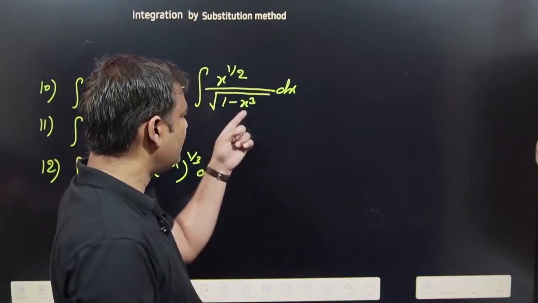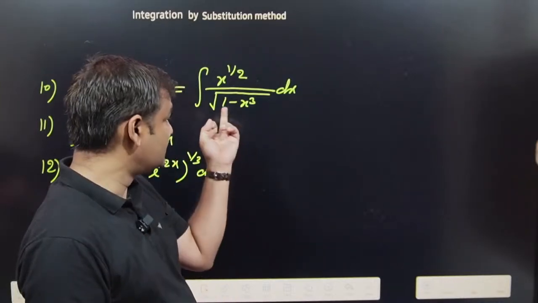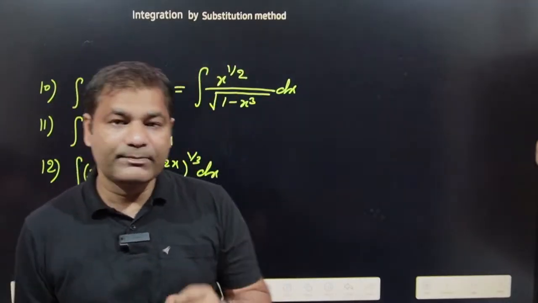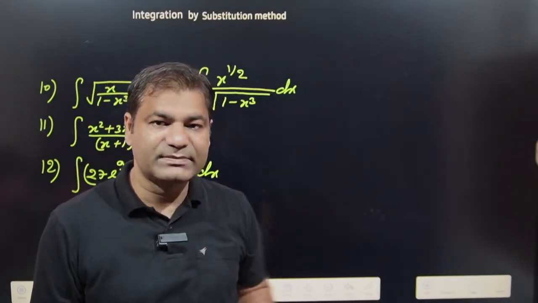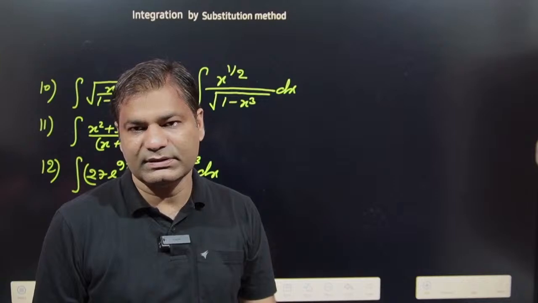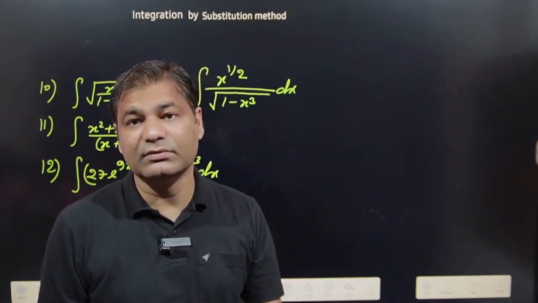If this one is f of x, then that one f prime x. Sorry, if this one is g x, then this one is g prime x. Okay, so g prime x is basically x to power 1 by 2, which is a differentiation of x to the power 3 by 2.